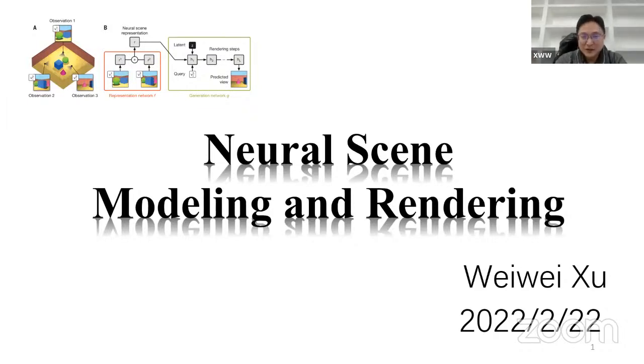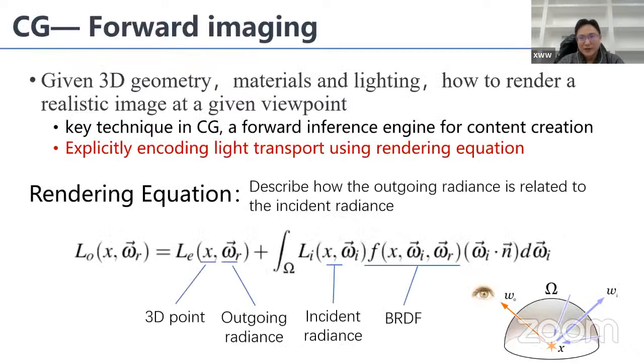My topic today is neural scene modeling and rendering. Let me first introduce some background. As we all know, rendering is the core research direction in computer graphics. Given 3D geometry, materials, and lighting, we can solve the rendering equation to obtain realistic images.